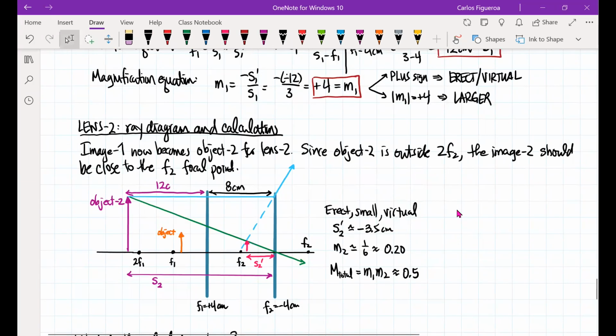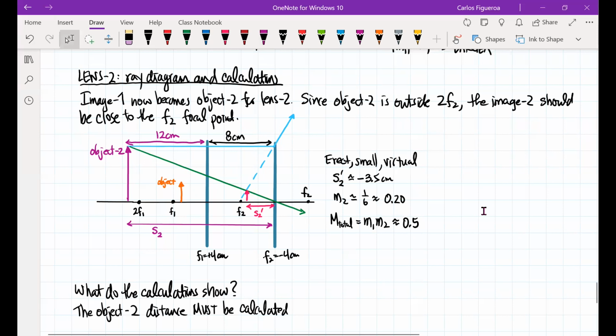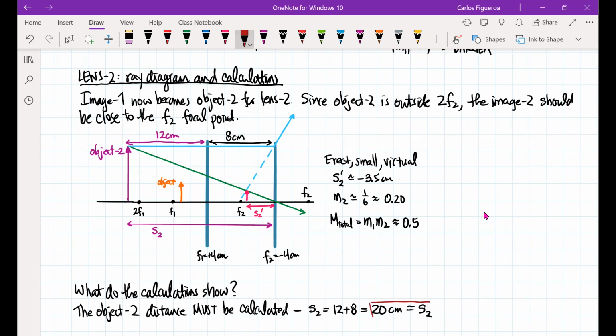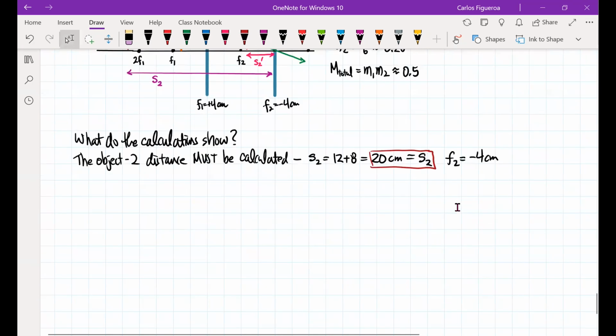So you can see that this tells you that S2 has to then be 12 plus 8, so it's going to be 20 centimeters from lens 2. So I now know my object distance, and with my focal length of minus 4 centimeters, I can now calculate the image distance and the magnification.